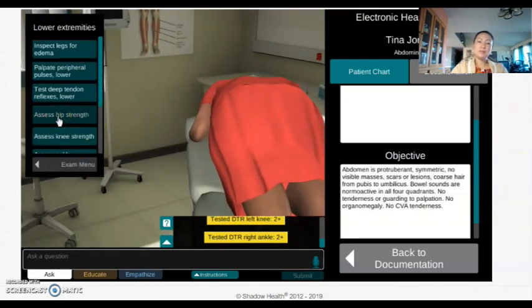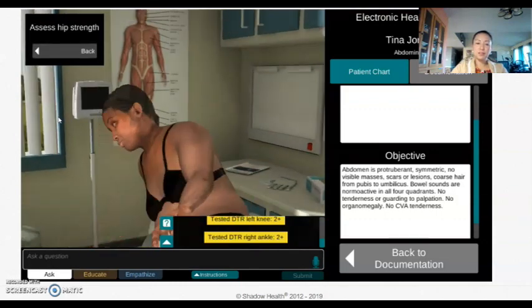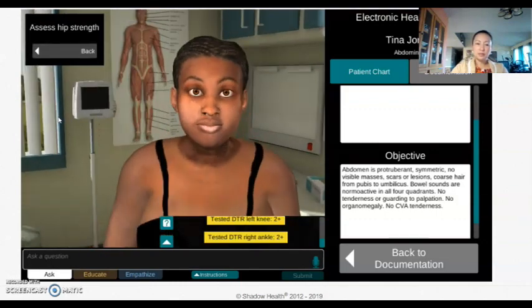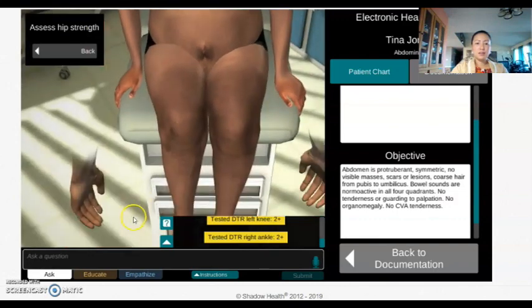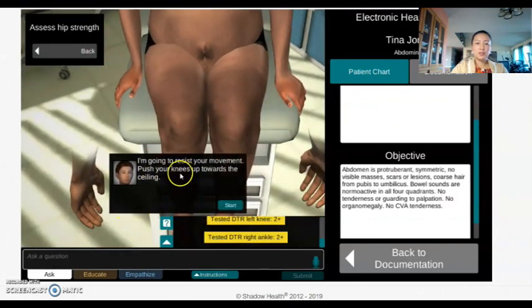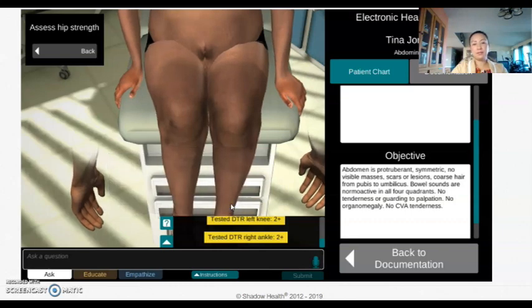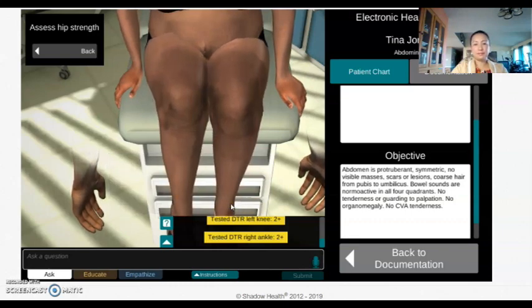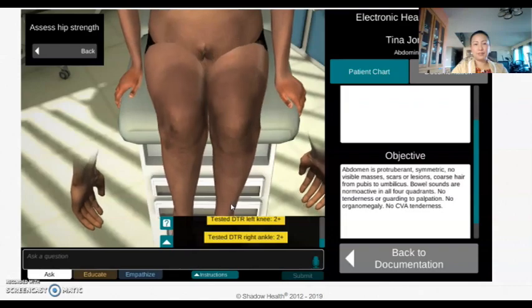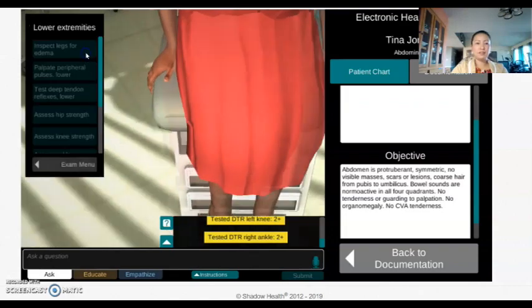Okay, this time I'm going to assess the hip strength. I will ask Tina Jones to push her knees up towards the ceiling, and what I'm going to do is resist the movement to see the strength. Okay.